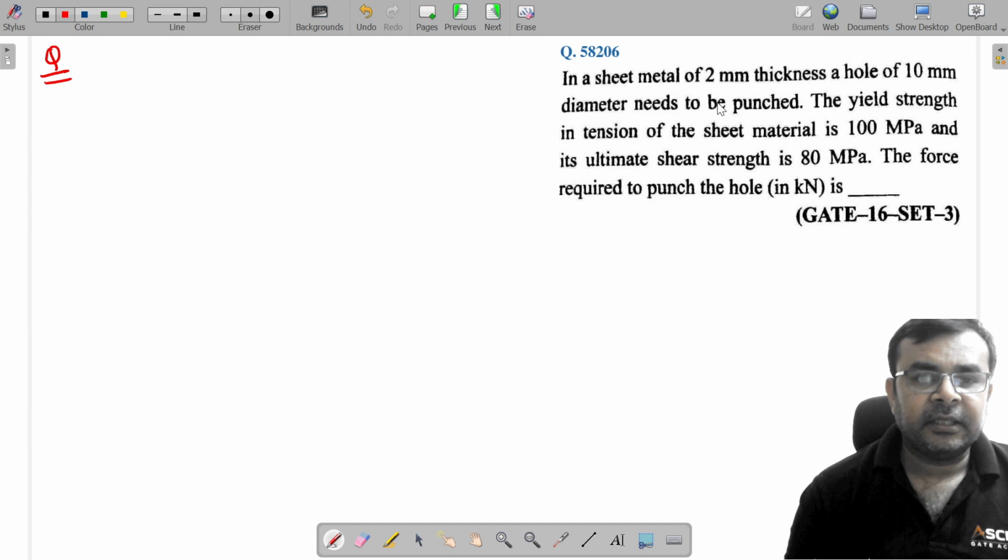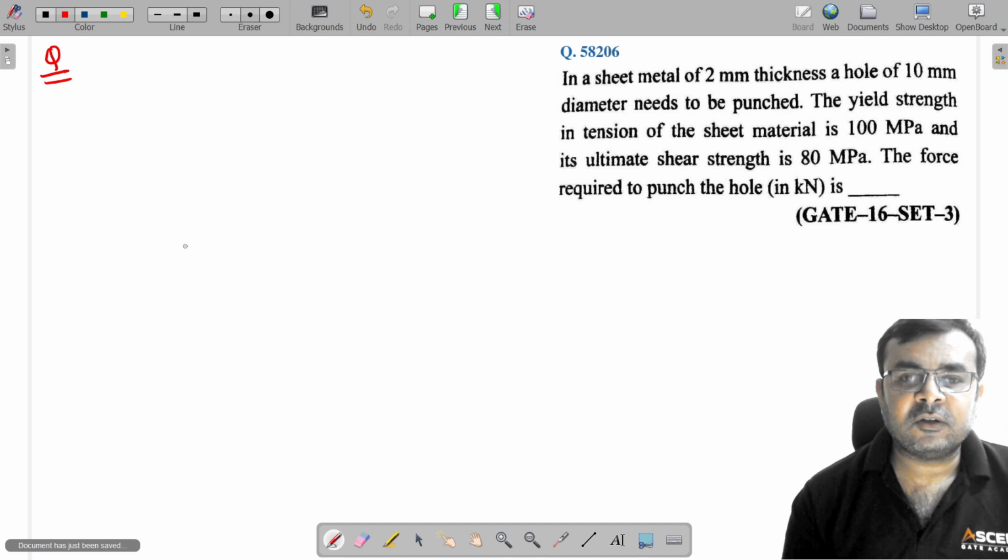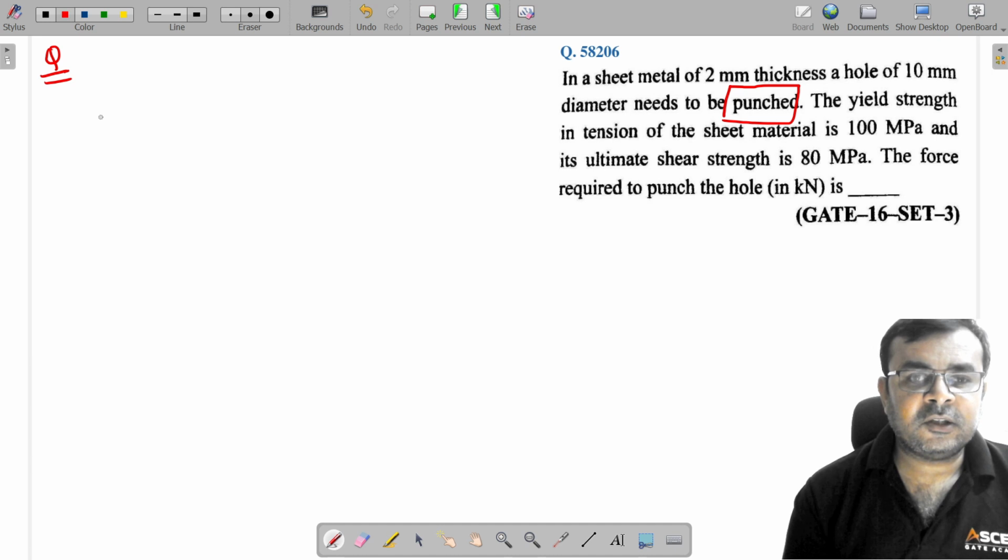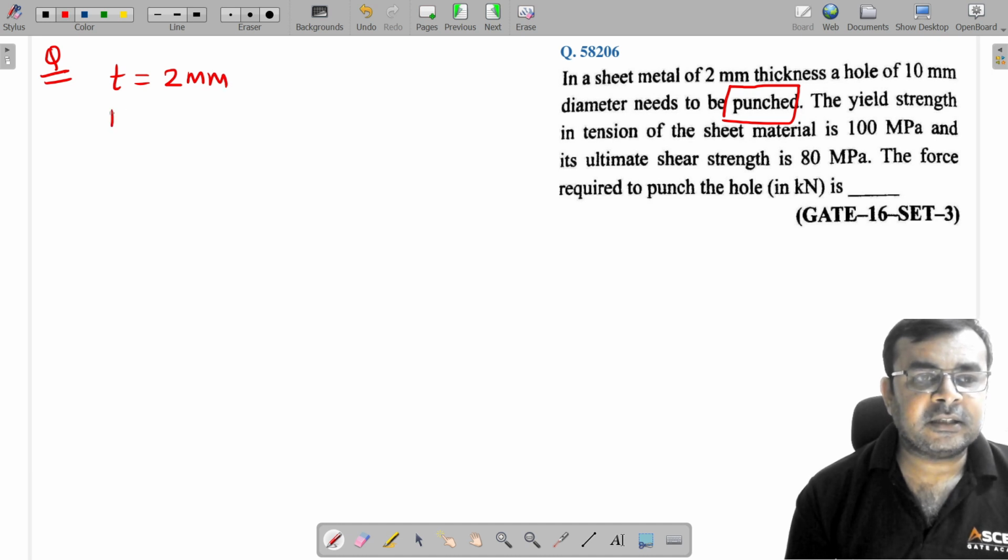In a sheet metal of 2 mm thickness, a hole of 10 mm diameter needs to be punched. So you can see this is a punching operation; our prime objective is punching. The thickness of the sheet is 2 mm, and the diameter of the hole is 10 mm.